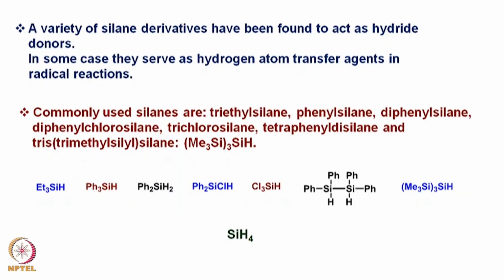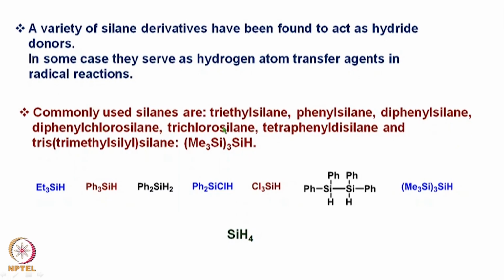This is, as I mentioned, in view of the fact that SiH4 is pyrophoric and difficult to handle. In most cases they act as hydride donors, but in some cases it has also been found that some of the silicon derivatives act as hydrogen transfer agents in radical fashion.